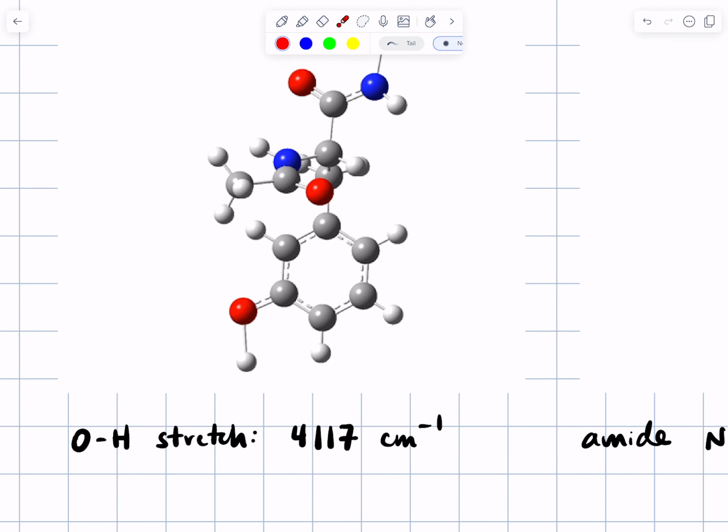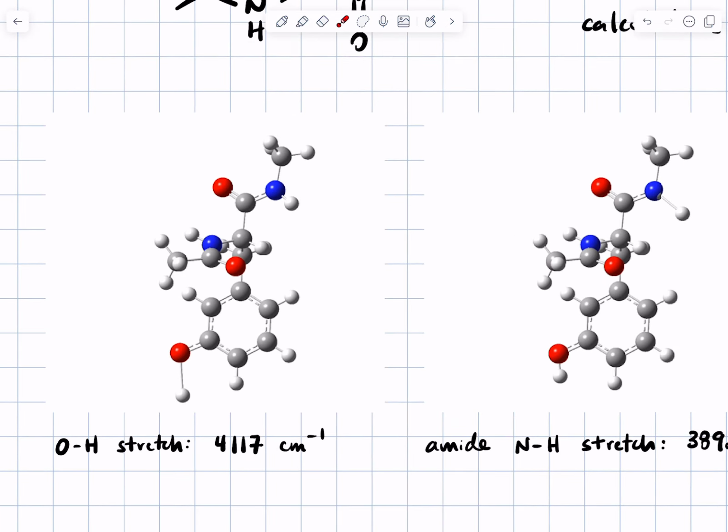And here is a stretch between an oxygen and a hydrogen. That's an OH bond stretching. The frequency that bond would absorb is around 4,000 wave number, or 4,000 inverse centimeters. Okay, so that's a single OH bond.